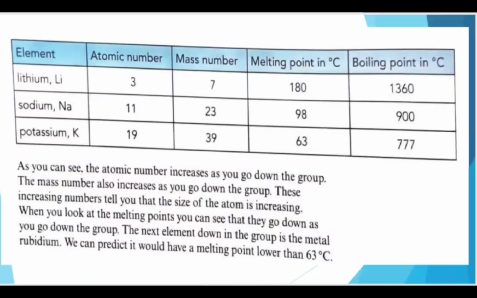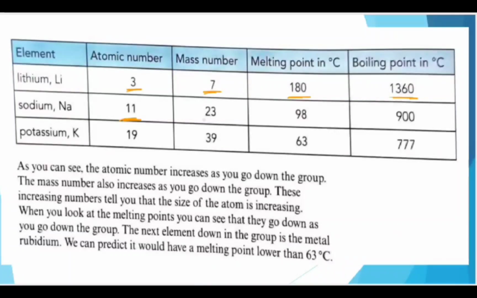So again a little larger version with a few more additions. Lithium has 3 as an atomic number, that means 3 protons and 3 electrons. Mass number 7. So how many neutrons? 4 neutrons. Melting point 180, boiling point 1360. Here you go.